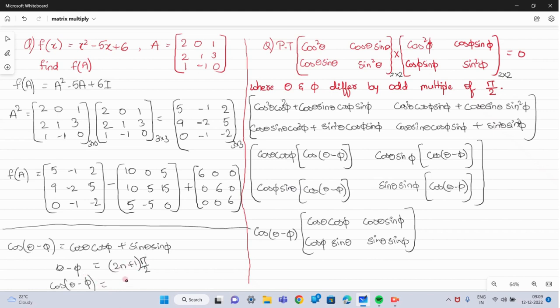Cos of an odd multiple of pi by 2 is 0. Here n can be anything: 1, 2, 3, and so on. So 0 times some matrix will always be 0, hence proved.